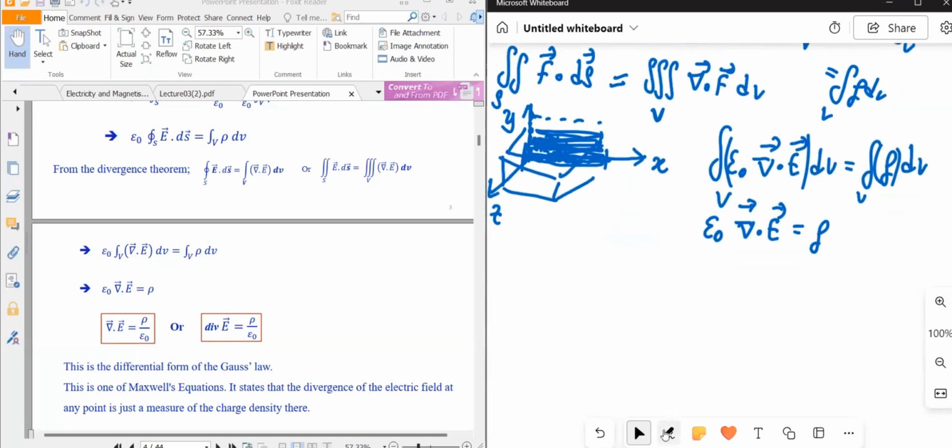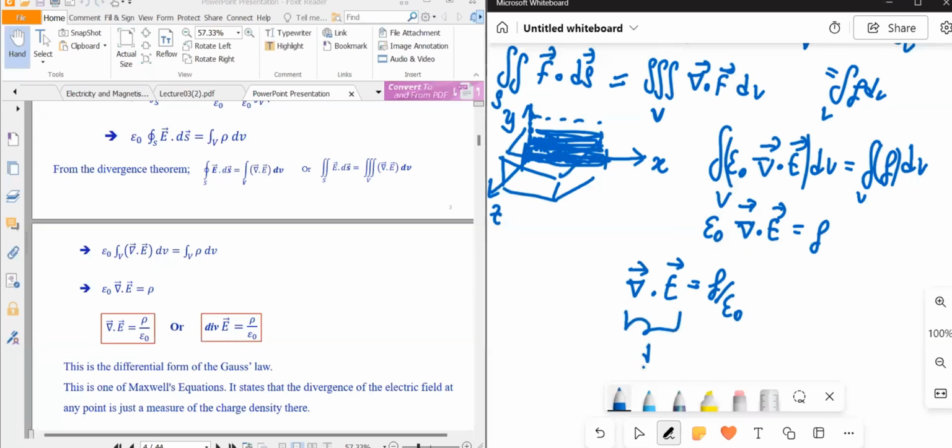Now with that, we have the differential form of the Gauss law. Del dot E is equal to rho over epsilon naught, so this part is the divergence of E is equal to rho over epsilon naught. So this is the differential form of the Gauss law.